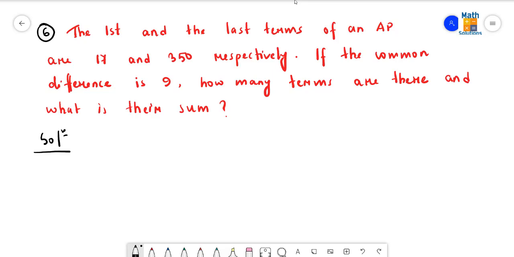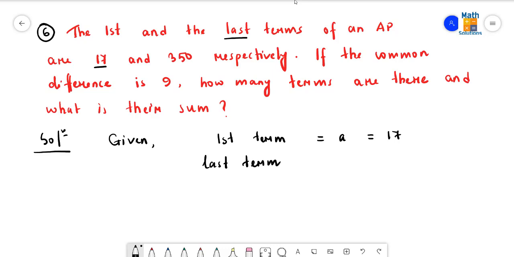So we have here, it is given first term, that means a is equal to 17. This is the first term. The last term here we shall be considering as the nth term. So the nth term will come as 350.